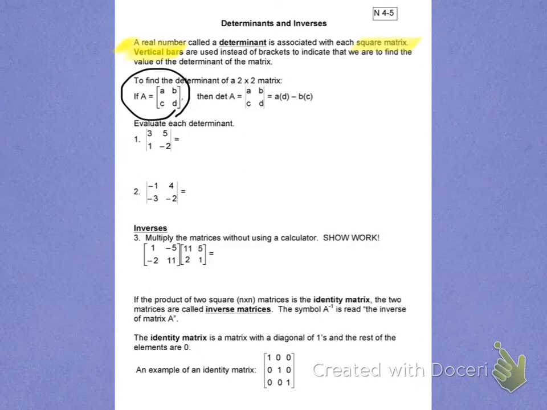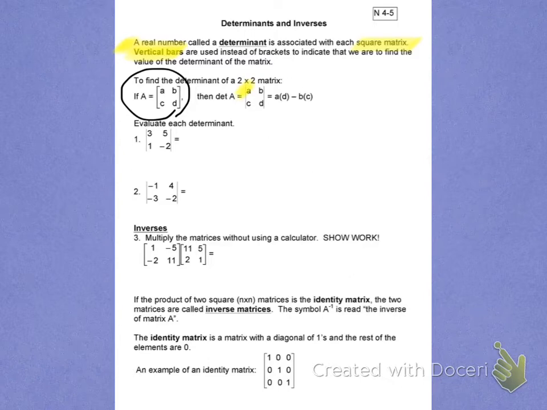A is in the upper left, B is in the upper right, then C and D. Now you evaluate it by multiplying on the diagonals and then subtracting the other diagonal.